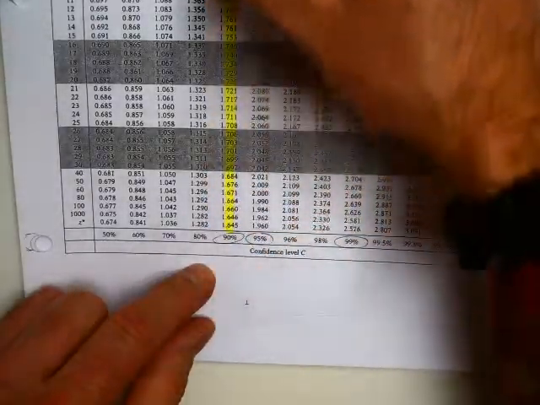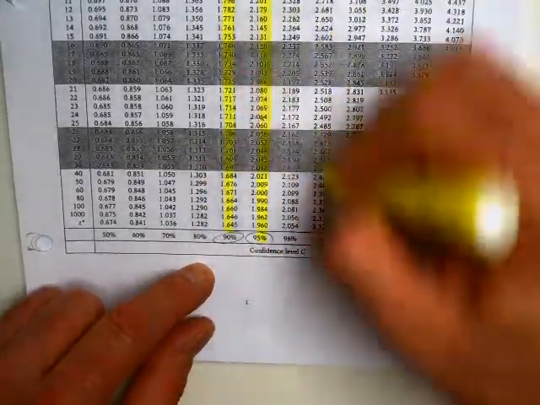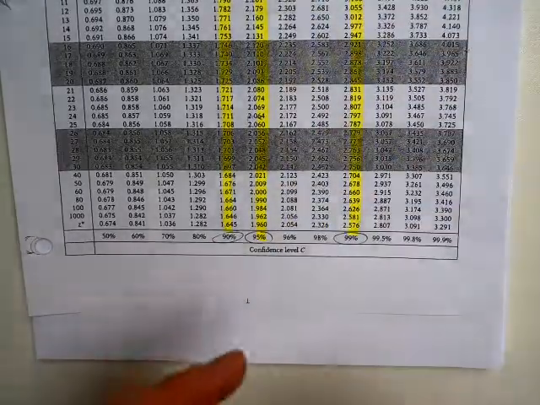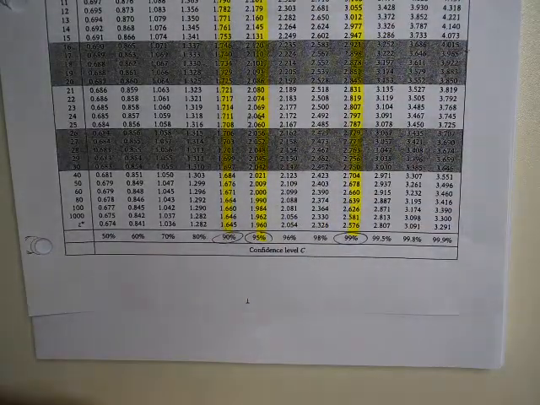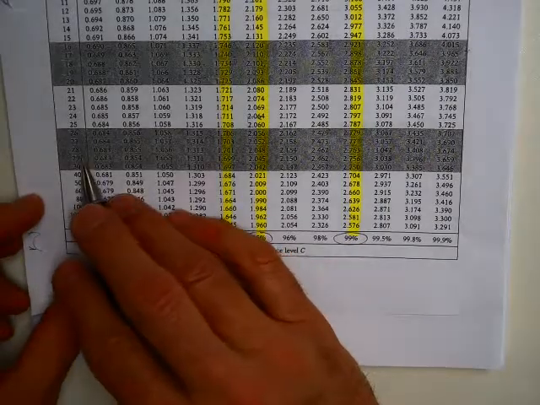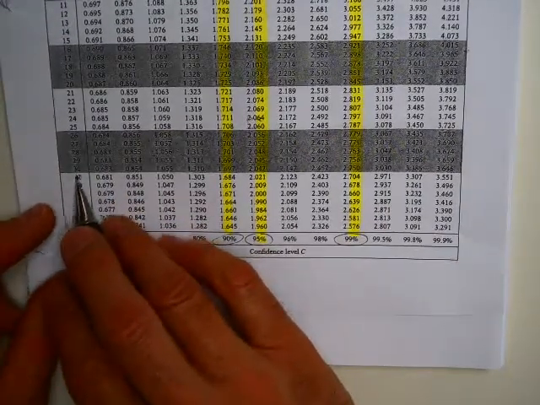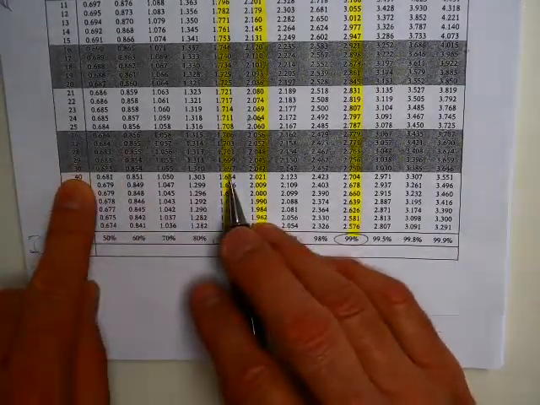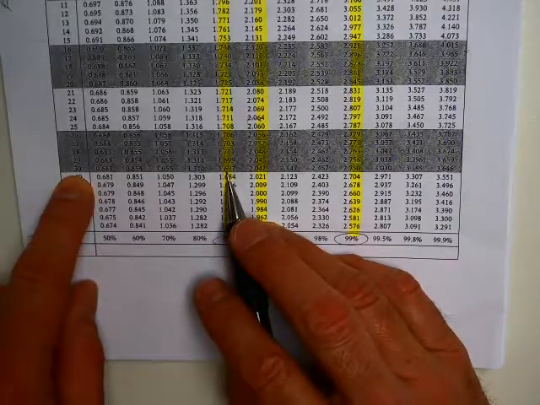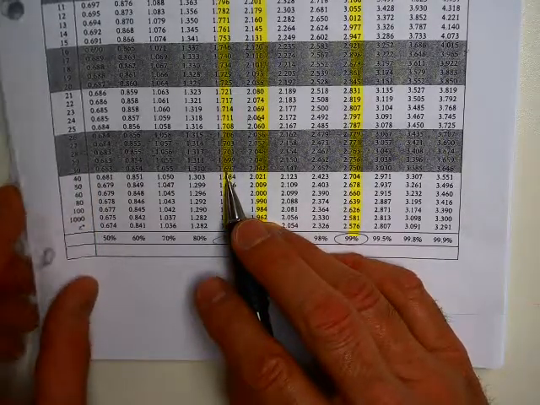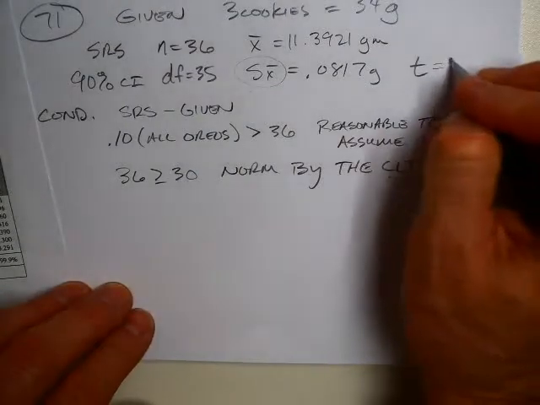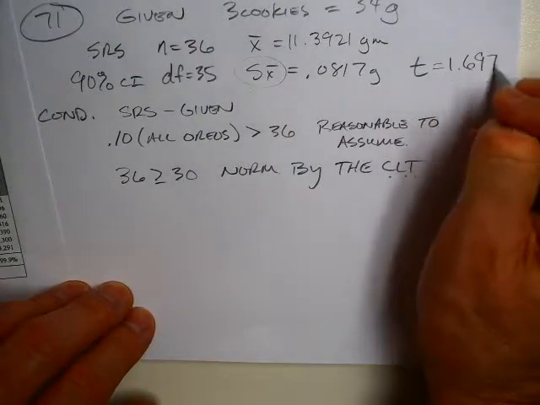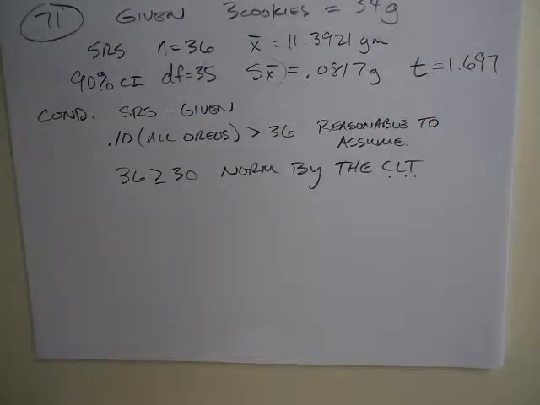I'm going to highlight all my 90s, my 95s, and my 99s. Those are the most common ones. So if I go to 36, I mean 35, I guess it doesn't really matter. I got to jump down to 30, which makes that 1.697. And now I'm good to go.